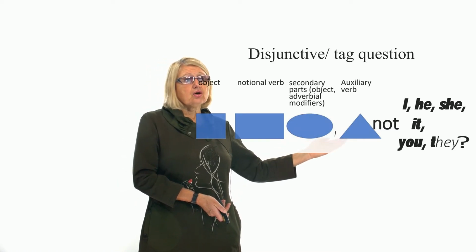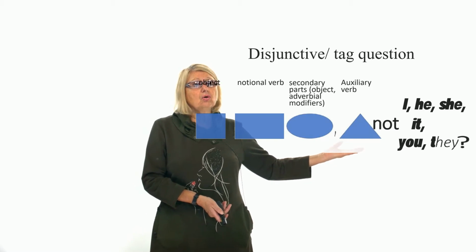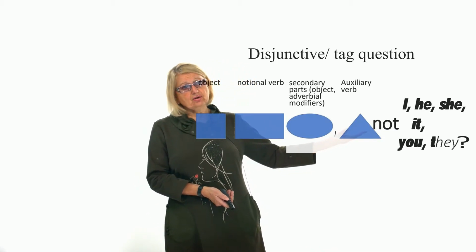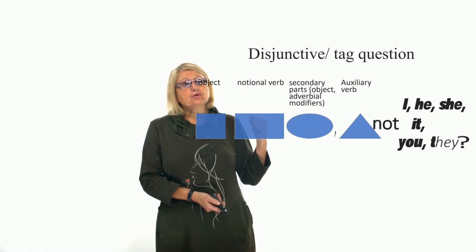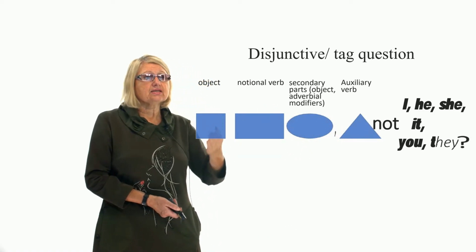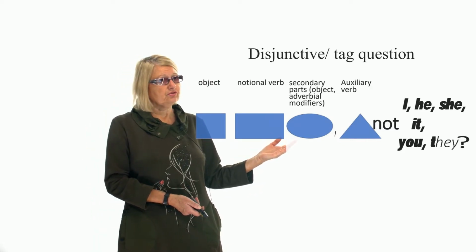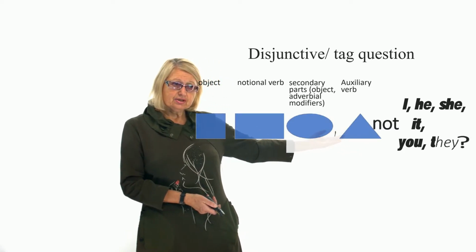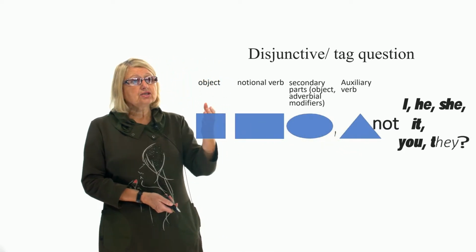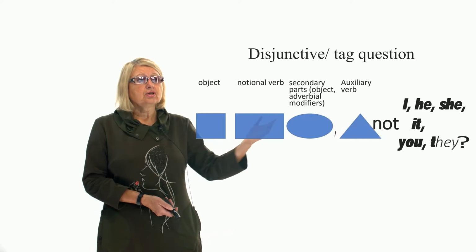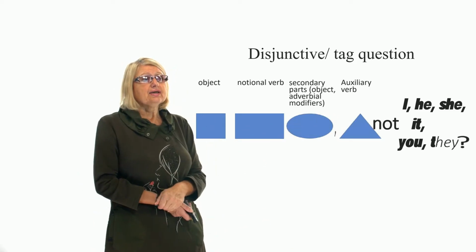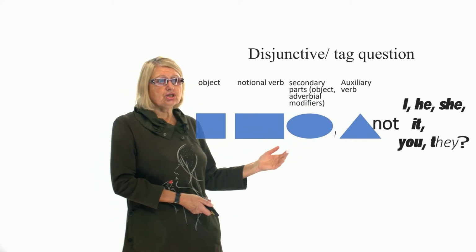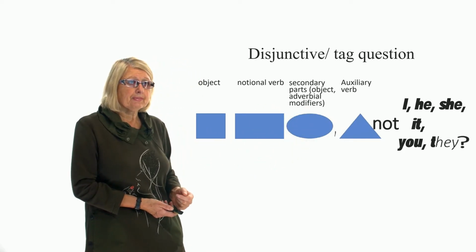After that, a comma, and only after that we put an auxiliary verb. But you should remember, if the sentence is affirmative, the tail is negative. And instead of a noun, you should put personal pronouns: I, he, she, it, you, they.